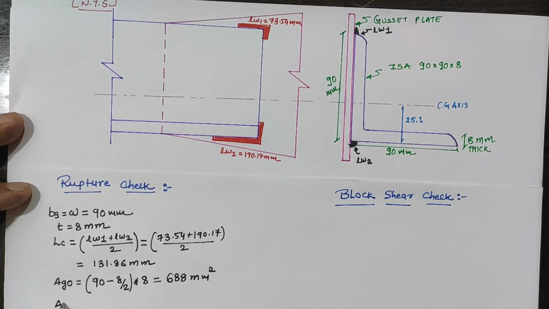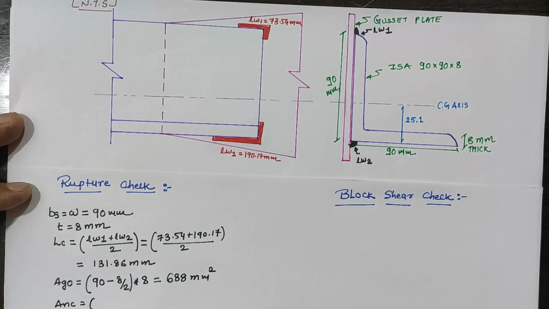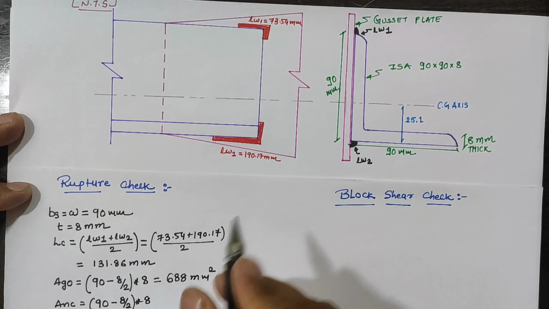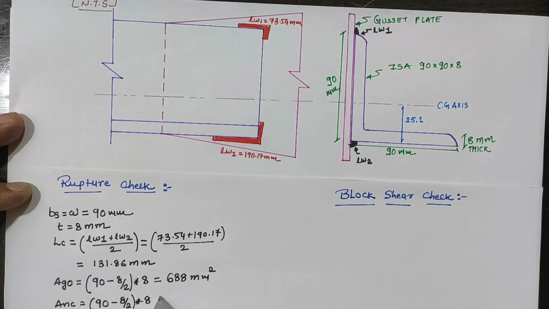Similarly, the value of net connected leg, so total connected leg is (90 minus 8 by 2) for center line length into 8. So our Ago and Anc are equal because we have provided the equal angle section. So Anc is also 688 mm square.